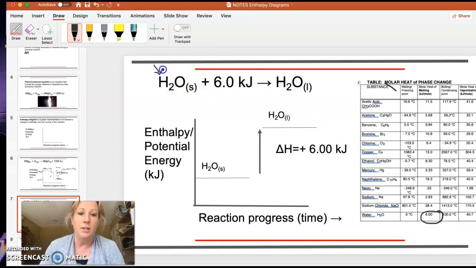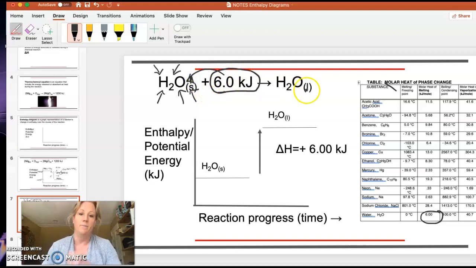So the energy is going to go into the ice. So this is an endothermic process. Notice that I put the 6 kilojoules now on the reactant side because that energy has to go in here for it to become liquid water.